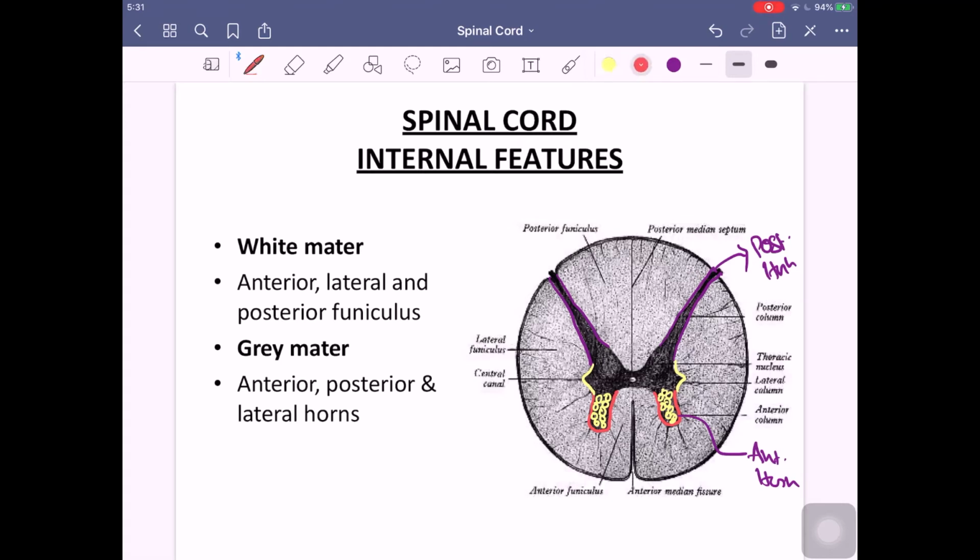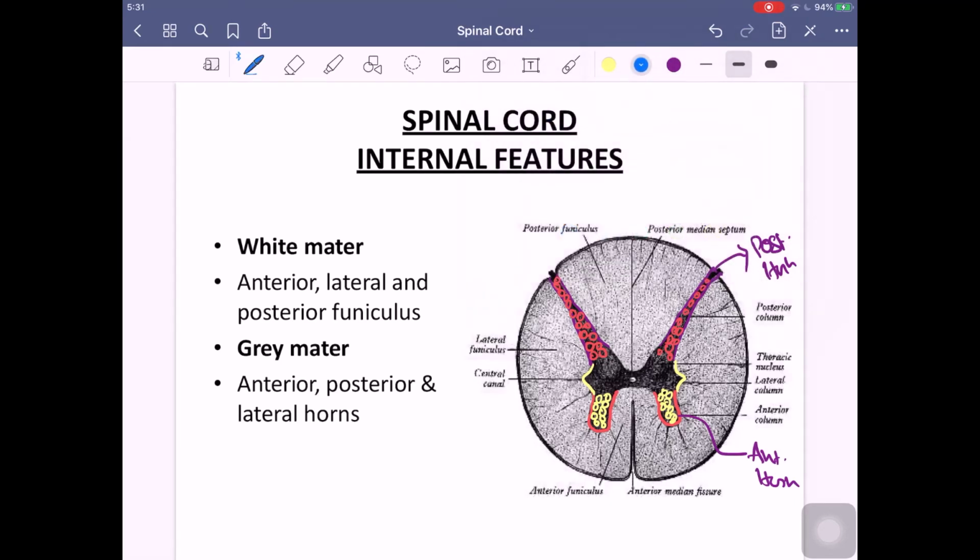Since they are more in number in that area, you will find it bigger. And at the back, these are filled with your sensory neurons. So your sensory horn, or posterior horn, is filled with sensory neurons.